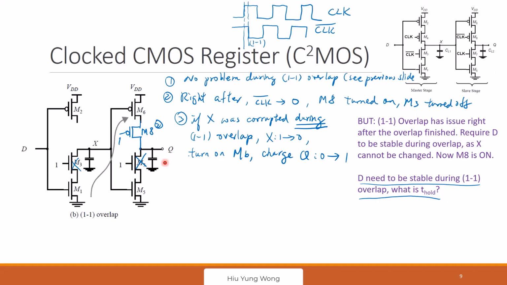And that is the hold time. Basically, after the clock goes up, you see here, the clock goes up, it means you copy the data to Q, right? But due to 1-1 overlap, if you change the data during the 1-1 overlap, then we can still contaminate the output. So you need to be constant during 1-1 overlap.